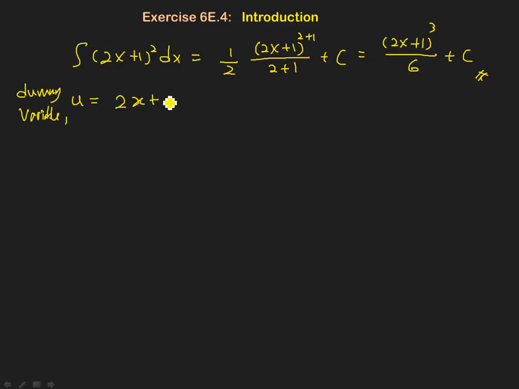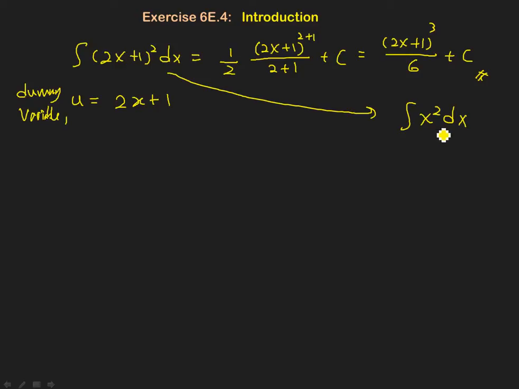The reason we choose 2x plus 1 is because the problem would be very easy if we have something like this, right? But not in this case. Although we have the formula, suppose you do not know the formula and you get this.